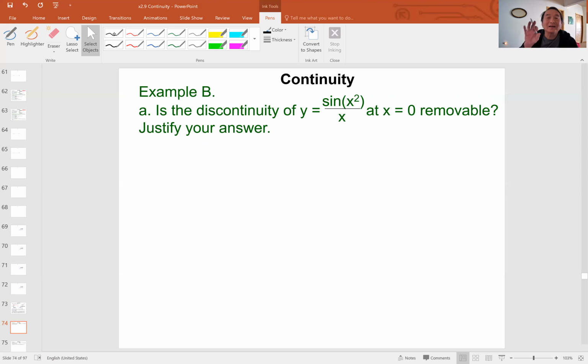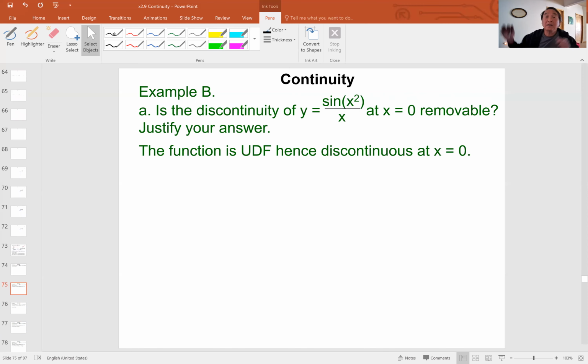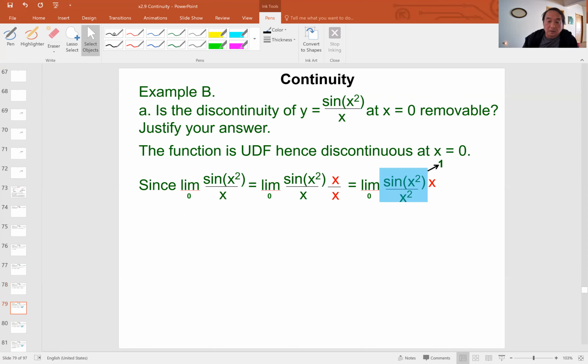Well, check the right-hand limit to 0, check the left-hand limit, and see if they are the same number. If they are the same number, that means they are going to be able to join at that number. So I can check both at the same time, x goes to 0.